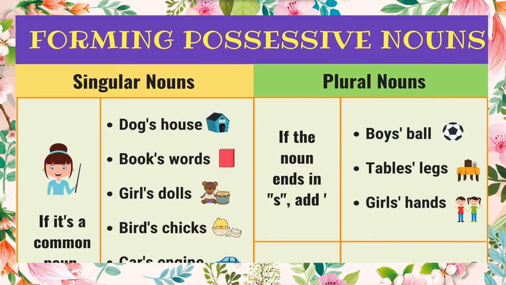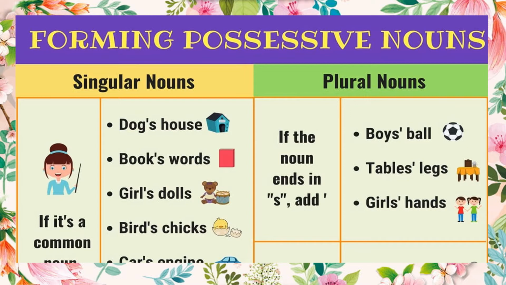You can see here the dog's house. Here the dog is singular and also the house is singular. However, the book's words, that means referring to one book, but there are many words. Now here, this is interesting. Girl's dolls, meaning there are more dolls, but it's referring to a person, okay?